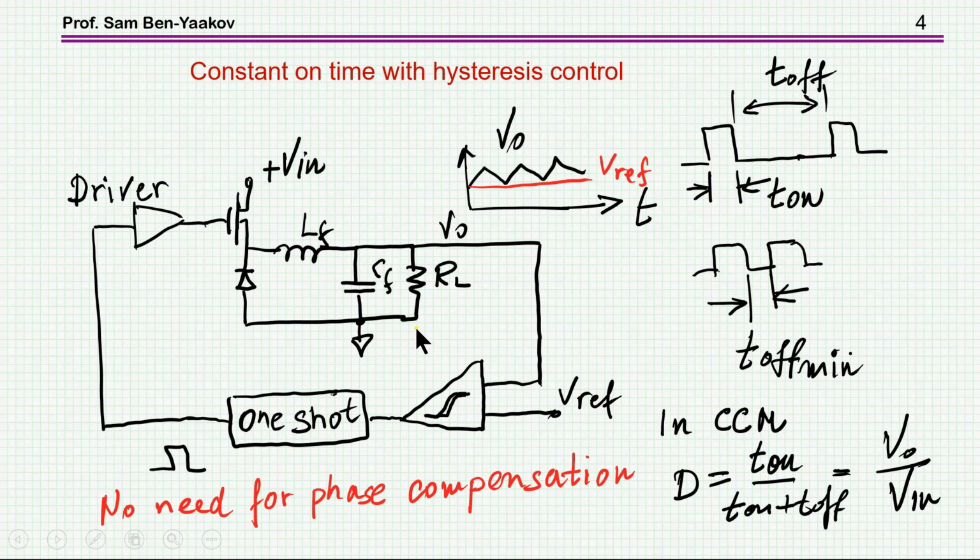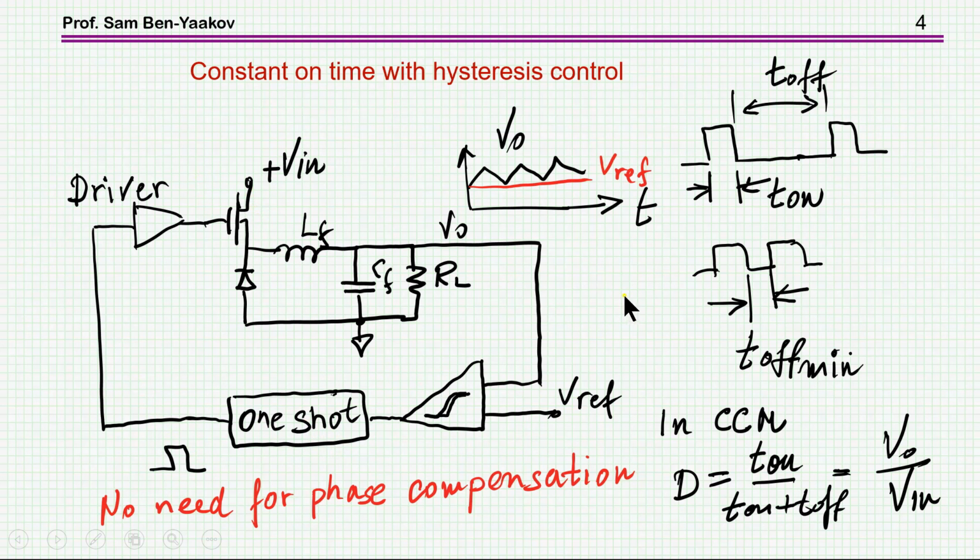Now, in practice, what is done is that the control is accomplished by a hysteresis type control. That is, we rely on the ripple at the output, and as the output goes down and reaches the reference value, this will kick, and then the one shot will produce a pulse that through the driver is delivered to the transistor.